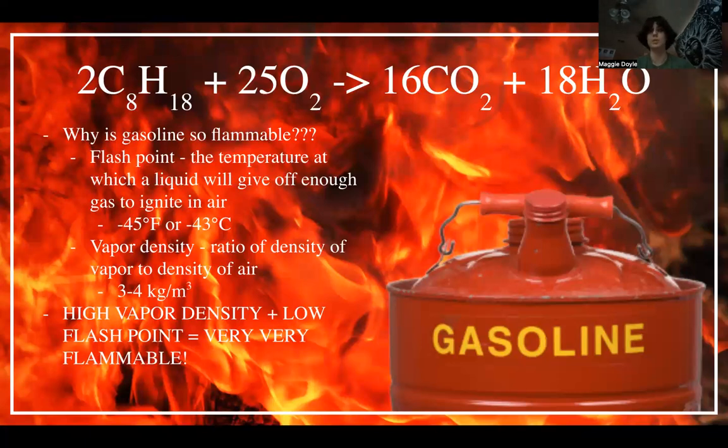The vapor itself is really dense, with more particles packed into the same amount of space as air. So if the reaction is going to happen, it's going to happen. High vapor density, low flash point, it's very flammable, especially in the North American climate.